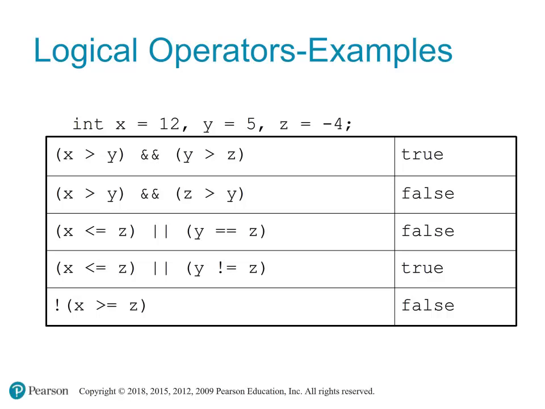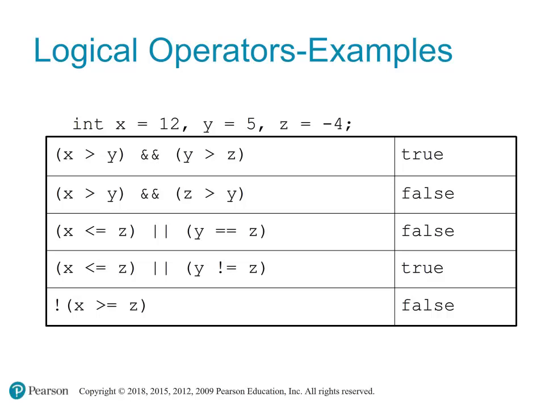Y greater than z is true. So true and true, the result is true. Both conditions are true because 12 is greater than 5 and 5 is greater than -4. So the overall expression is true.